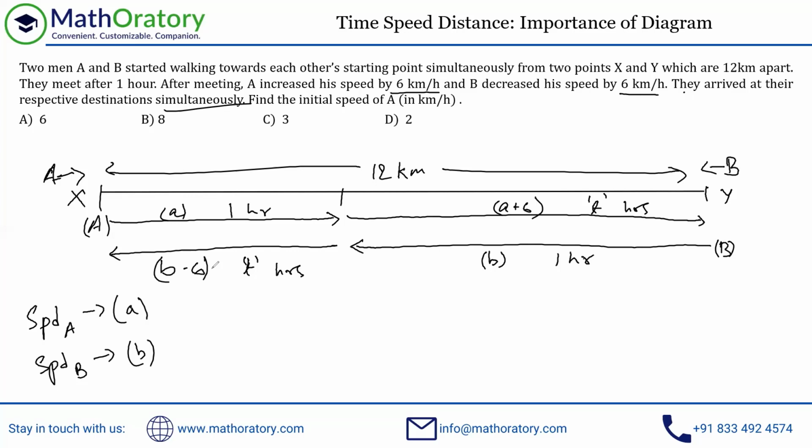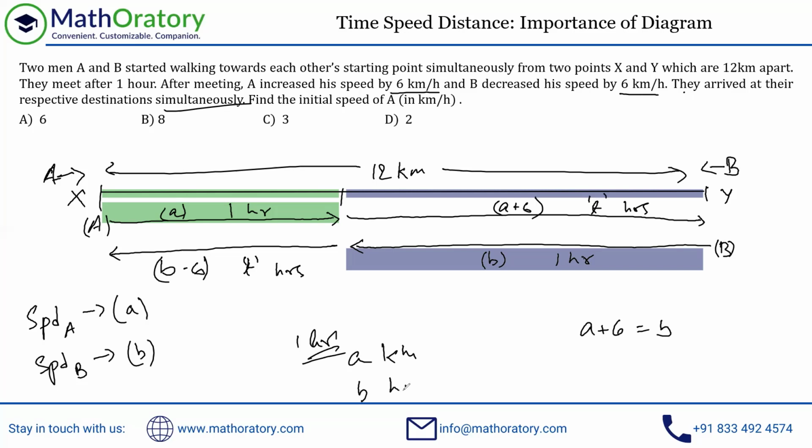So if you observe this, you should be able to understand that a plus 6 should be equal to b. Also, at the very beginning, we know that A and B are traveling with the speeds small a and small b, right? So A covers, in this first hour, a kilometers with the speed of a, and B should have covered b kilometers, right?